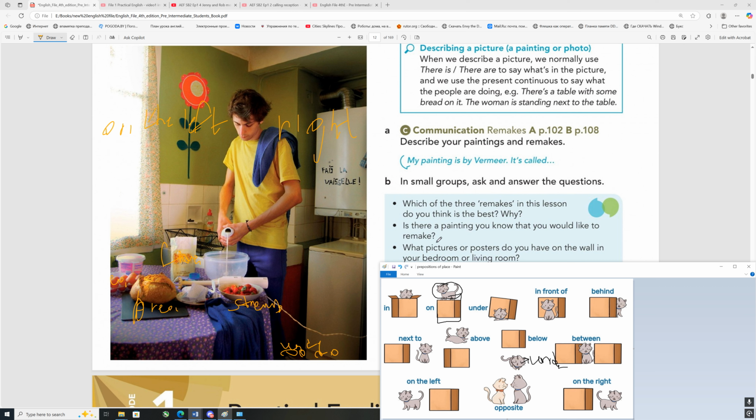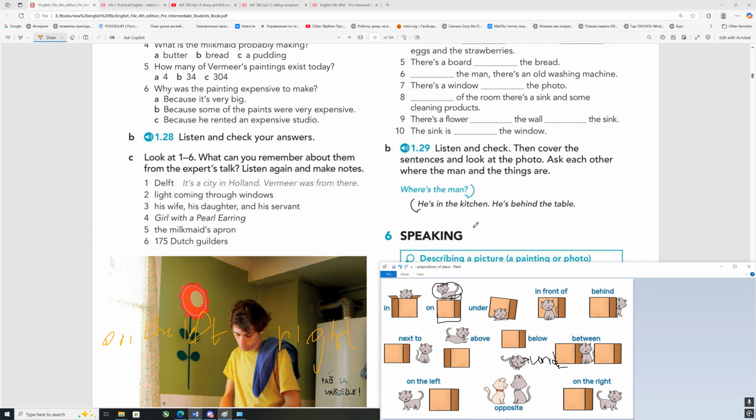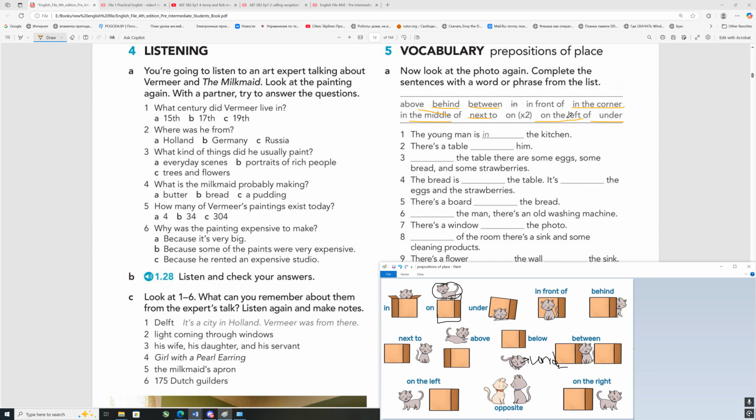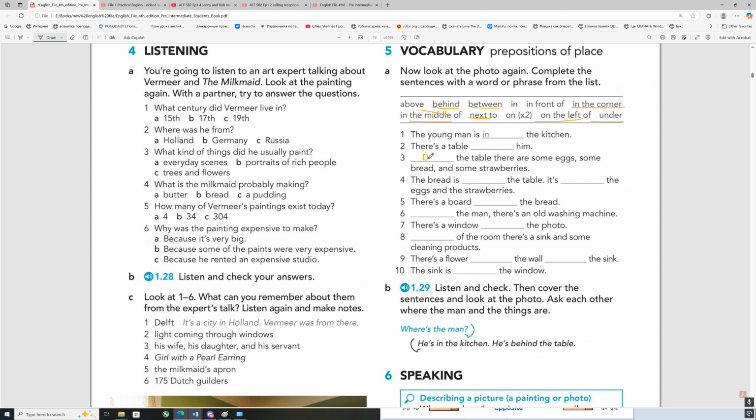So you may say, flour, bread, eggs are on the table, or there is a flour, eggs, and bread on the table. Okay, on the table, there are some eggs, some bread, and some strawberries.